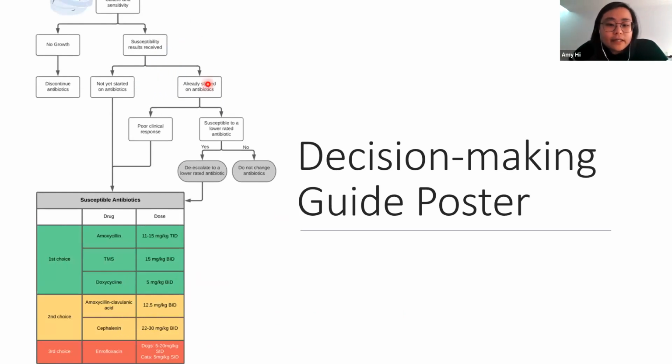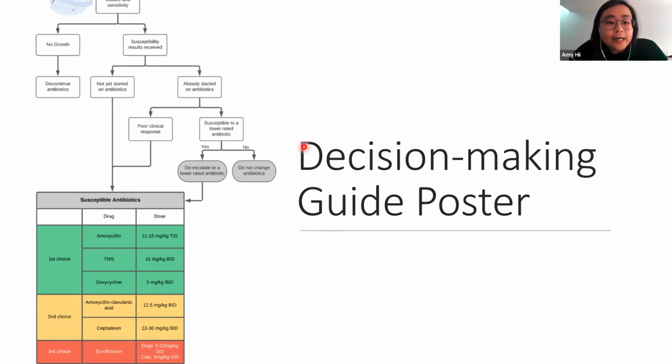Once they've received the results from the lab, if they have not started on any antibiotics, then they can go straight to selecting their antibiotics. They should use the lowest rated antibiotics that the organism is susceptible to, so ideally one of these three. If they already started antibiotics and they have poor clinical response, then they should follow the results and again choose the lowest rated.